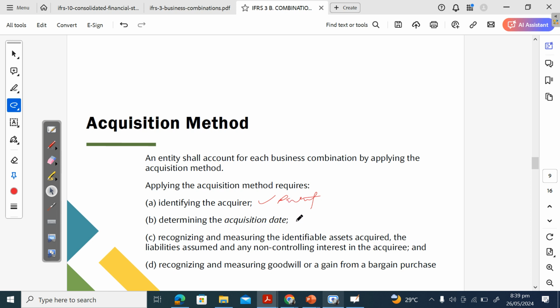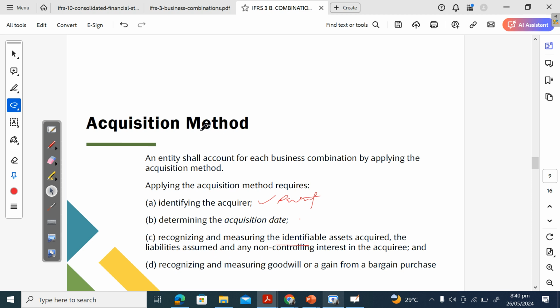Then you also need to determine the acquisition date, the date that the acquisition occurred. Then you also have to identify all the net assets of the would-be subsidiary, the company that the parent is acquiring. So all the net assets, or all the assets and liabilities.